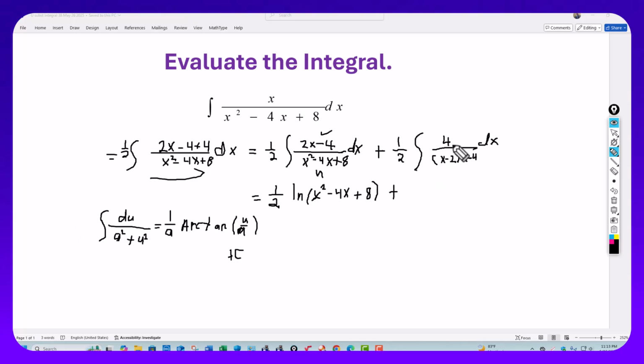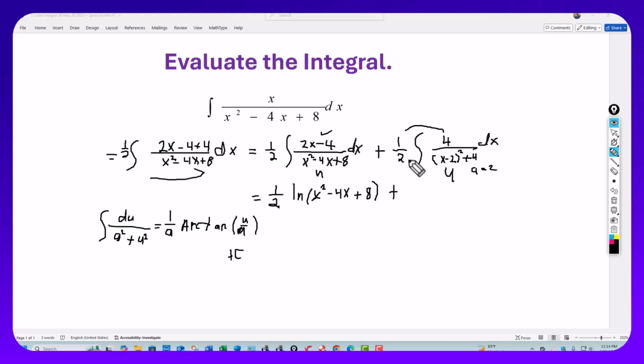Now, in the example over here, I'm looking at this separately. This would be my u, and the constant over here, that's your a squared. Doesn't matter what order they are here. But the constant represents the a. So this would be, say, 2 squared here. 2 squared, so a is 2. A is equal to 2. So I bring this out here, factor it out.